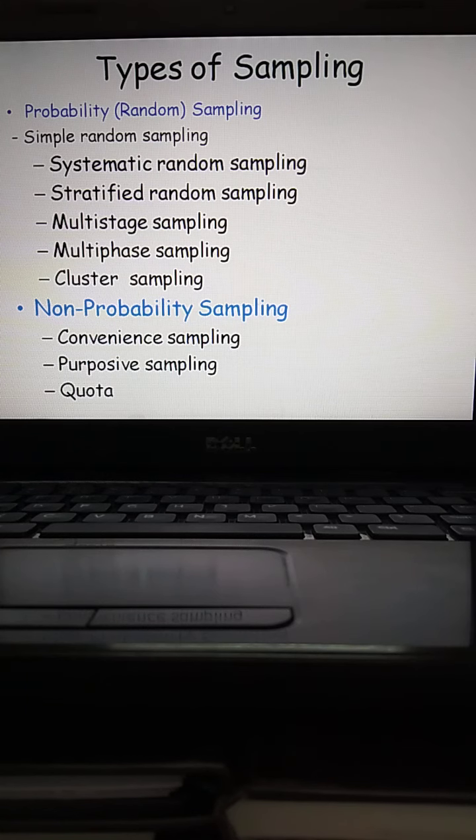All these fall under probability sampling methods. Under non-probability sampling methods, convenience sampling, purposive sampling, quota sampling. So these are very, very important methods. Okay. Now we'll discuss what a simple random sampling is.